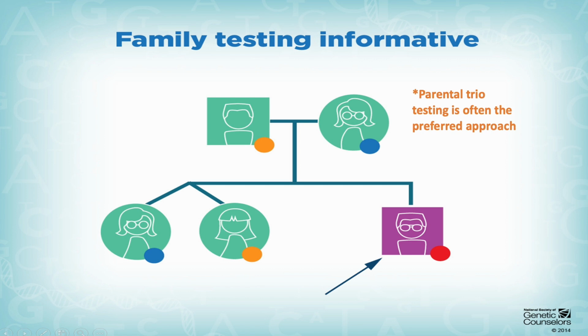Moreover, parental trio testing can help clarify whether a variant found in the child is inherited or if it arises spontaneously, which is crucial for understanding the inheritance patterns and potential implications for future family planning. This can help us characterize variants of unknown significance. We can ask, do the affected parents have the same variant? In this case, the answer is no, so this family testing is informative.